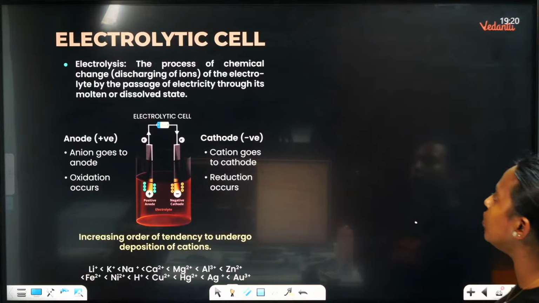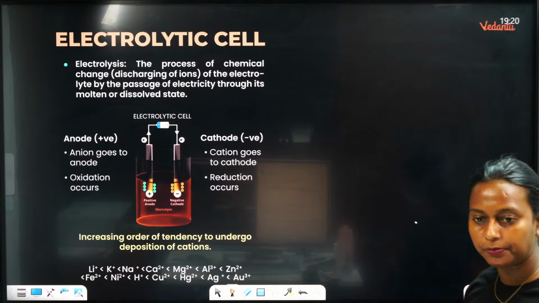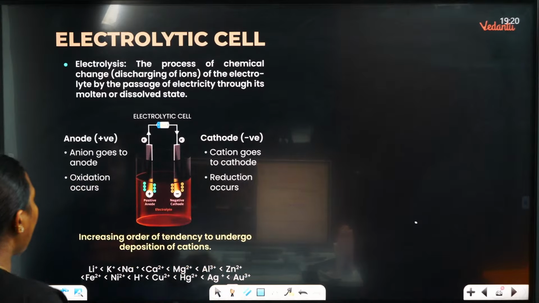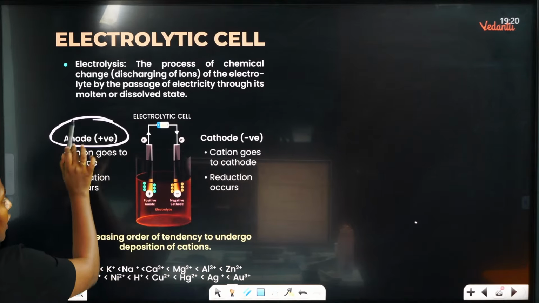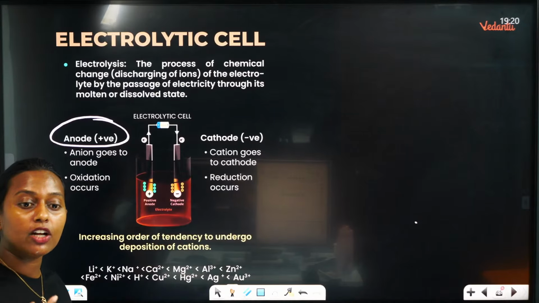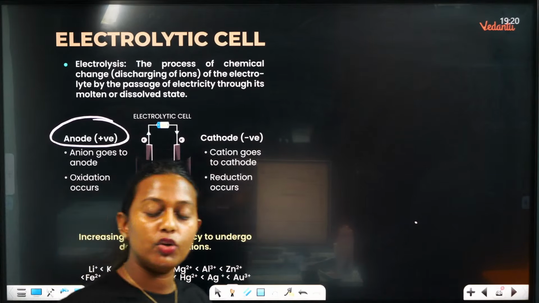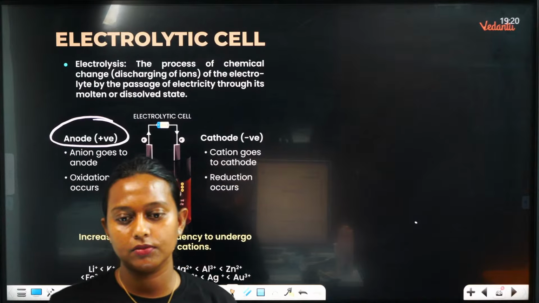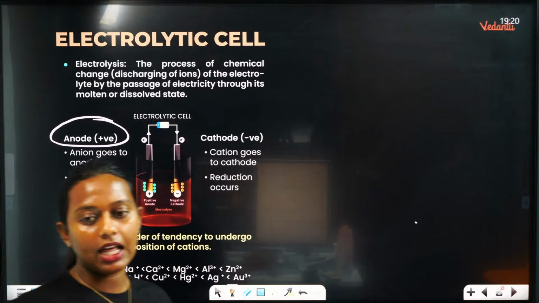Then we are moving to electrolytic cell. So electrolytic cell-la anode inga irukku, anode positive da. So do you remember electrochemical cell-la eppadi irundhathu? Left side-la anode varudhu.